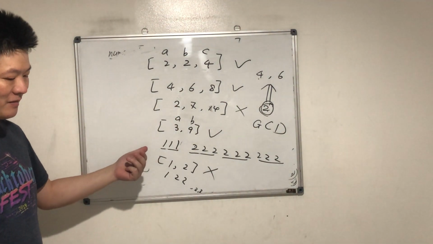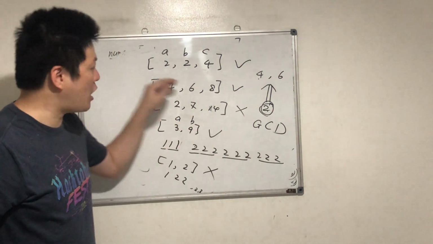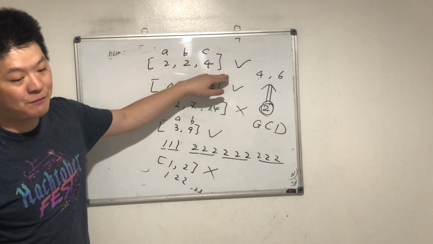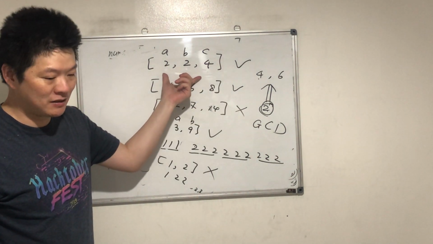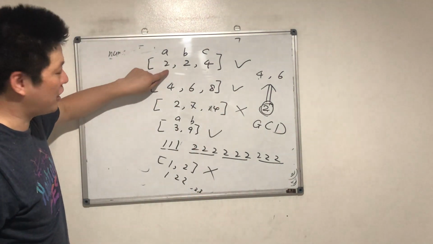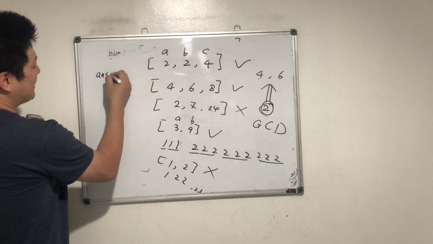Greatest common divisor of all the numbers, and check if it is bigger than 1. Yeah, we can do the greatest common divisor of all numbers. How do we do this? Look, we can just do this. The answer equals the first number.